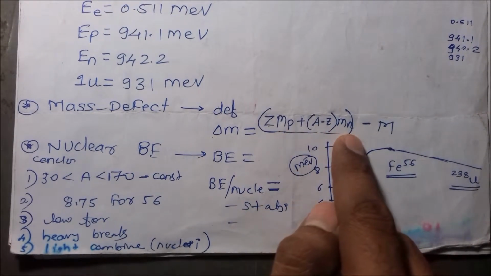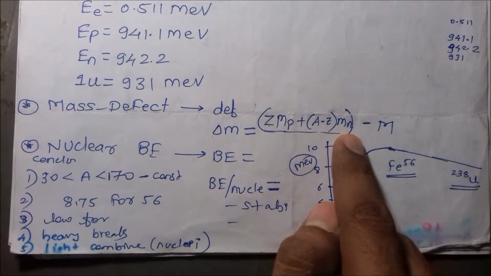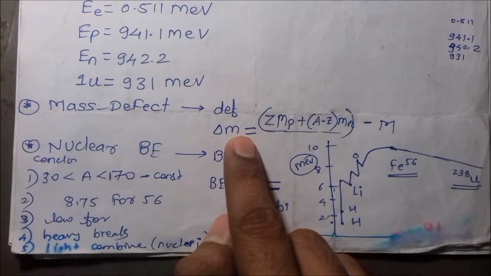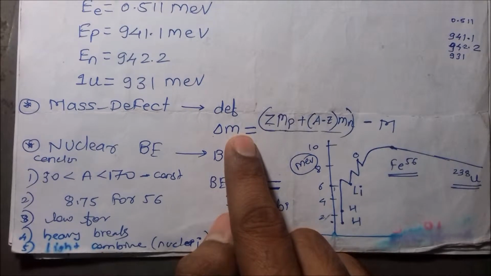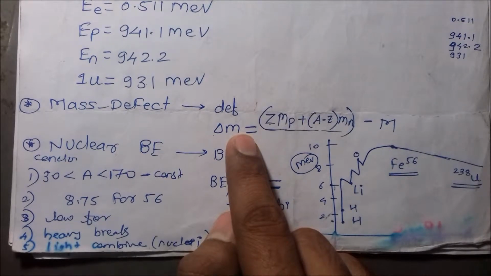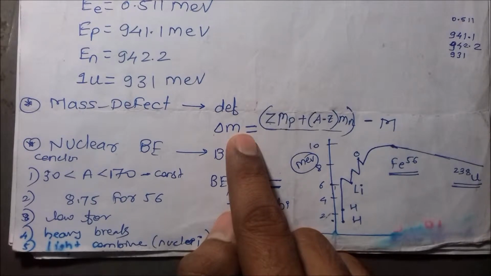Mp and Mn are proton and neutron masses. Difference in mass is converted into energy as per Einstein's equation, E is equal to delta m into c square. That energy is called binding energy, and it is used to bind all the nucleons.